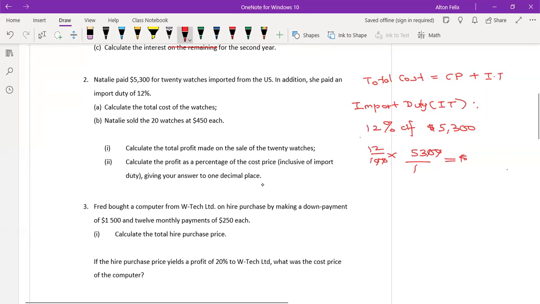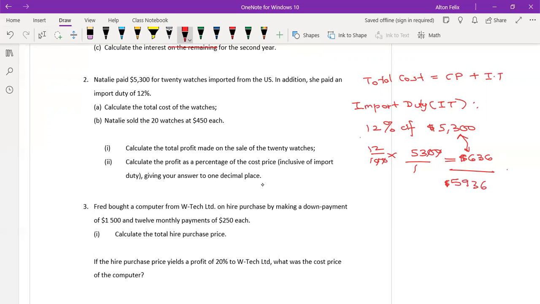So we'll have to add that $636 to this figure up here, right? These two. And when we add that, well, we can see what the figure is going to be. The total amount you'll have to pay will be $5,936, right? $5,936.